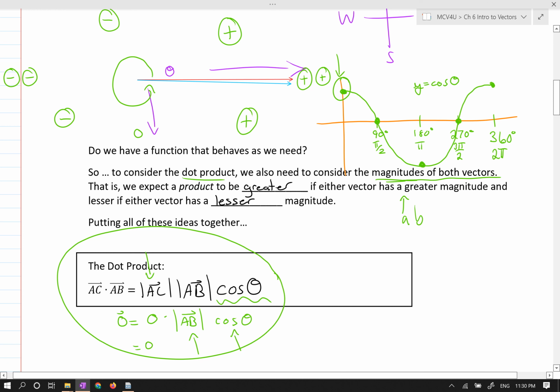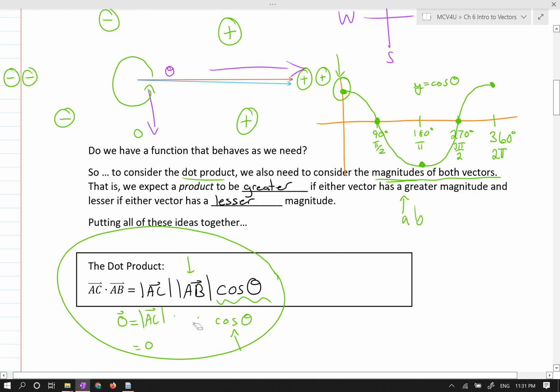This would equal 0 because one of the factors is 0. Good, so if our dot product equals 0, then either AC equals 0 or AB could equal 0. If AB equals 0, then we're in a really similar situation where we have the magnitude of AC times 0 times the cosine of theta, which would still equal 0 because one of the factors is 0.